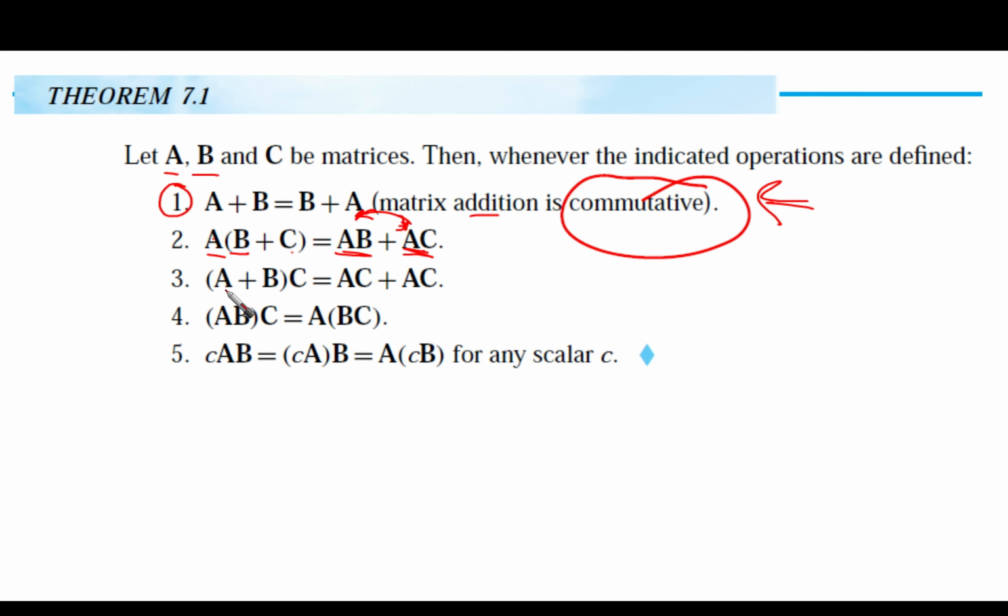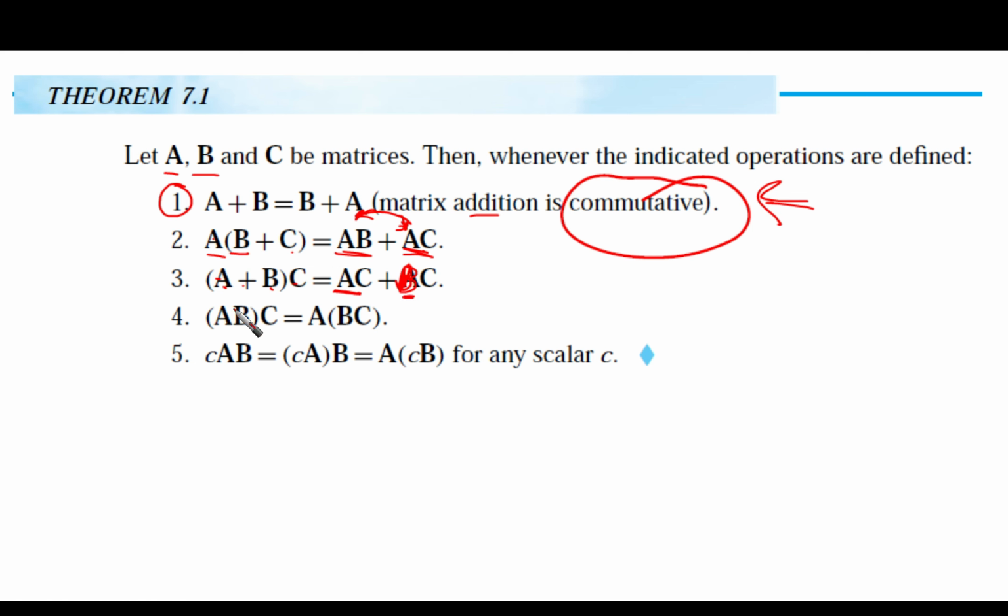If we have A plus B times C outside, so A times C plus B times C. A times C plus, it should be B times C. I think there is some mistake here. This should be B. Okay, so this should be B. A times C plus B times C.